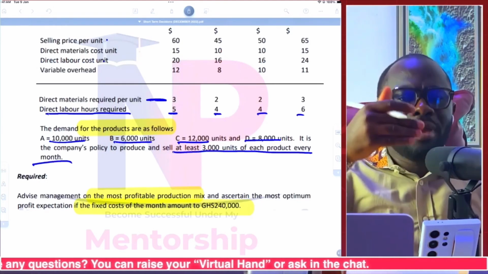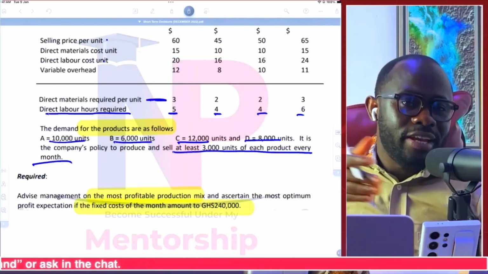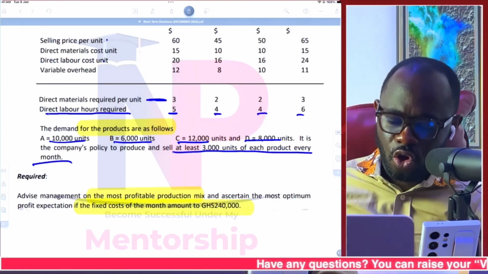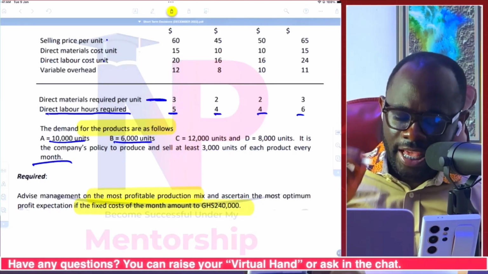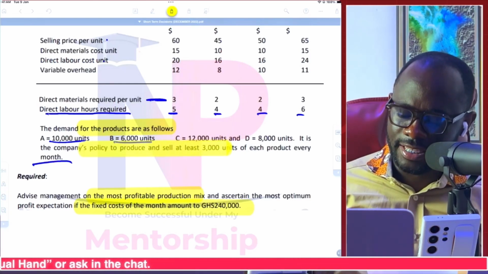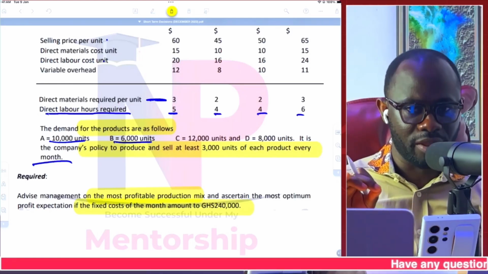And then what will be left of the limiting factor, we can then follow the ranking principle and produce in that order. So in the context of this question, we are told that it is the company's policy to produce and sell at least 3,000 units of each product every month.